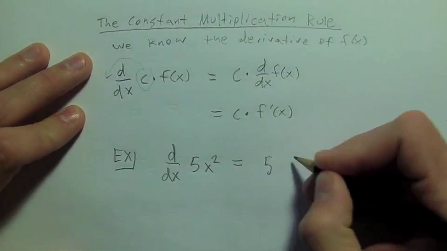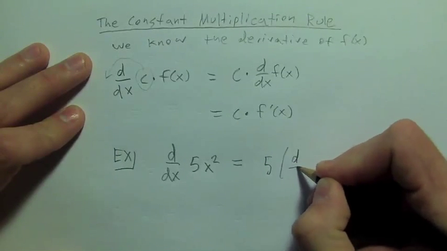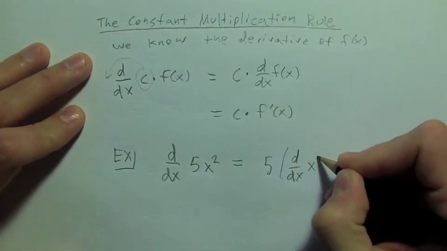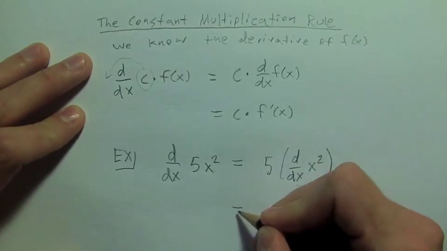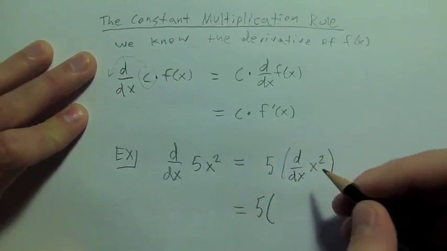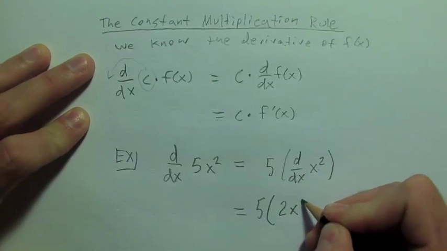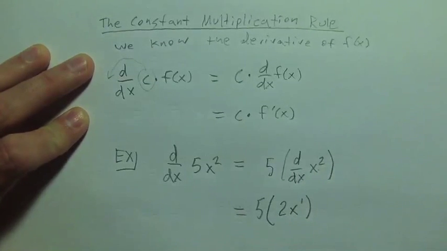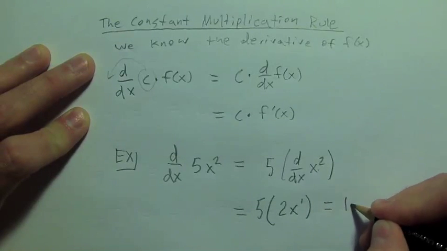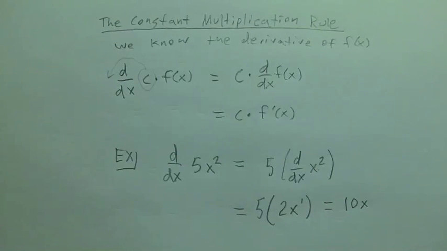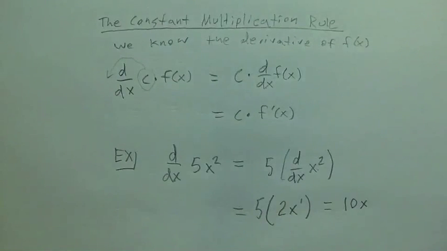So this will be 5 times the derivative with respect to x of x squared. So this is 5 times the derivative of x squared, by the power rule, is 2x to the 1. So the whole thing comes out to be 10x.